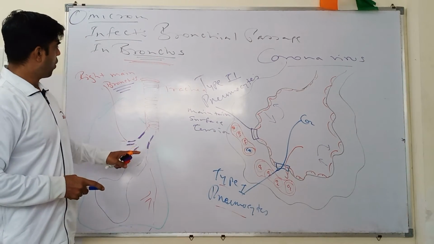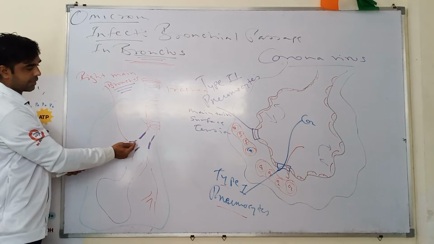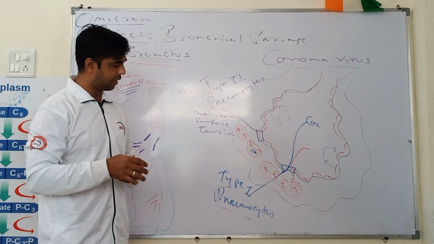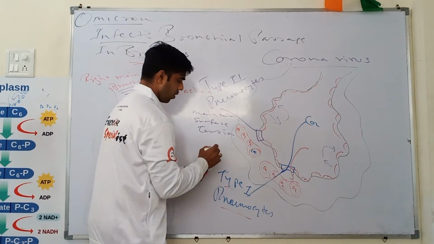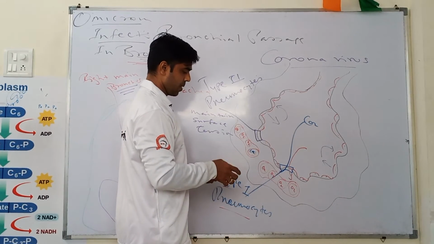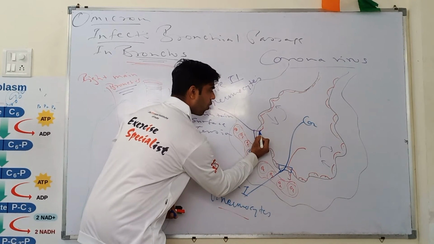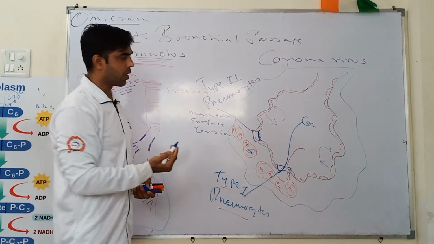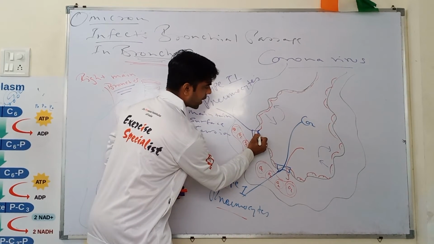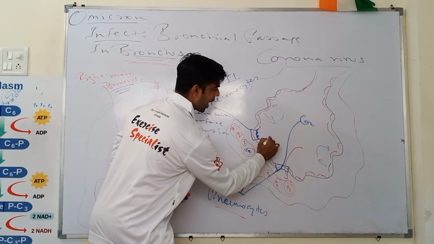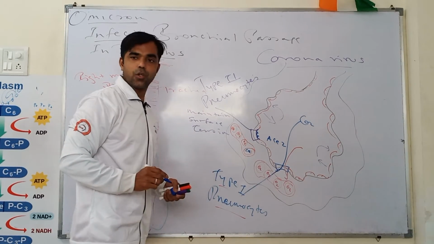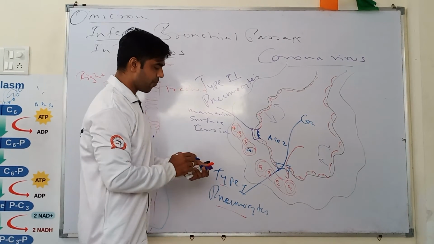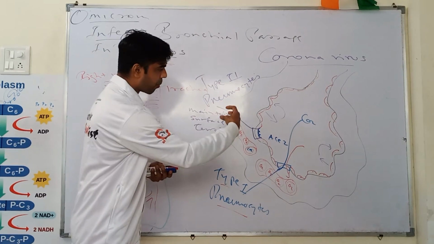Now, as I mentioned, Omicron settles in the bronchus, but coronavirus used to settle onto type 2 pneumocytes. This is a receptor called ACE2, angiotensin converting enzyme type 2 receptor, where coronavirus binds.